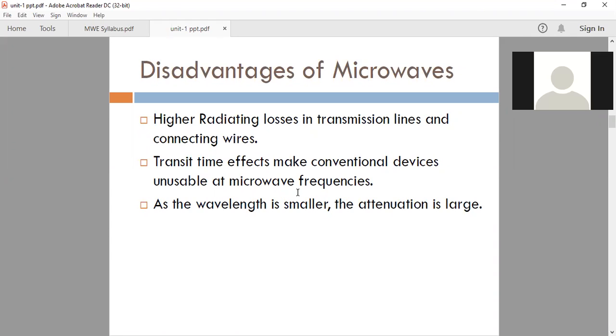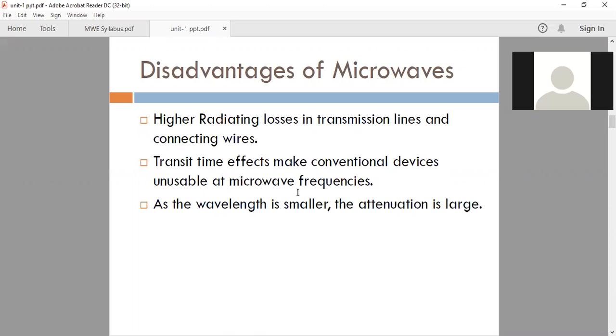Earlier we were using conventional tubes as microwave sources, before introducing klystrons, reflex klystron or Gunn diode. Diodes and triodes were the conventional tubes used to generate the microwave signal. There we use RLC circuits, inductors, capacitors, resistors, to generate the microwave signal.